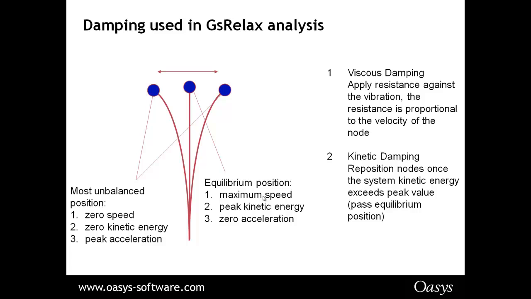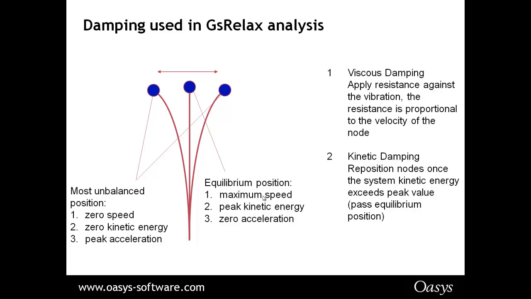There's also a thing called kinetic or artificial damping, and what this does is it says, okay, the equilibrium position is when the various nodes have peak kinetic energy. They're moving fastest, minimum forces.